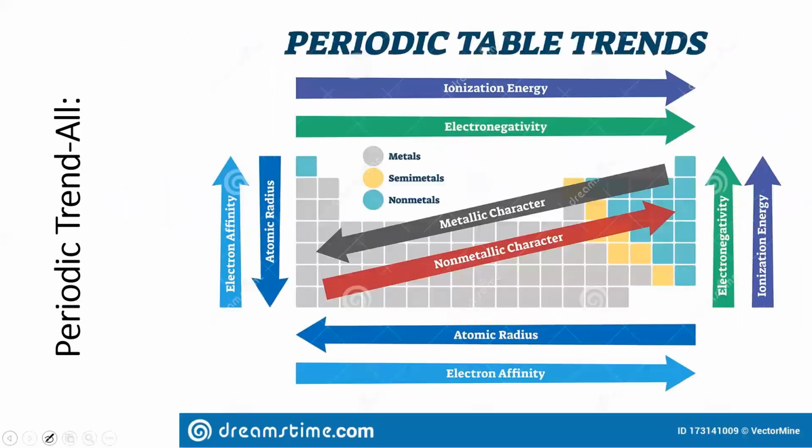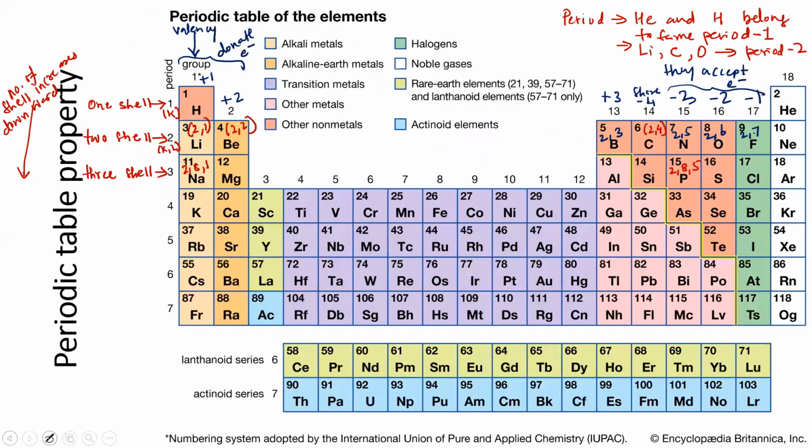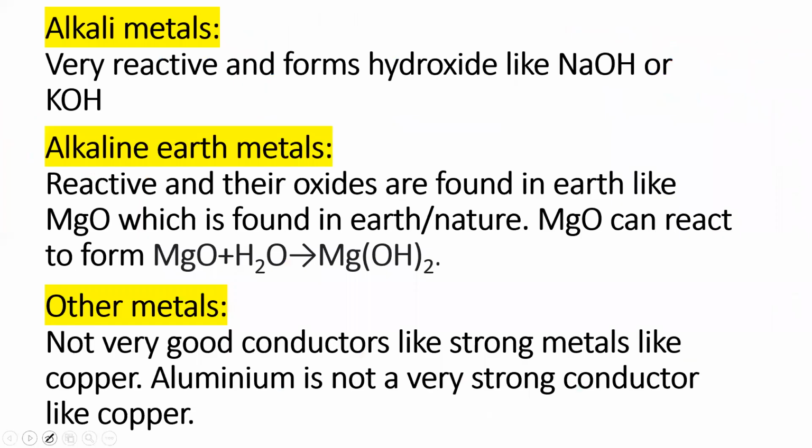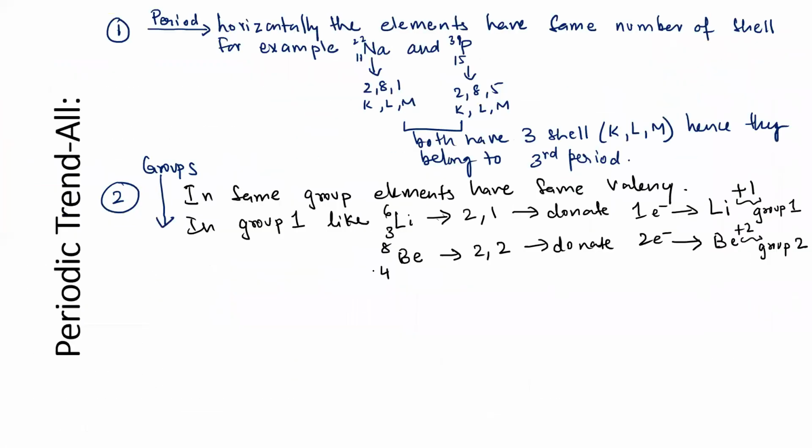Now let us say we take another example here, something at the end. So let's say we take neon, which has 10. So in neon, we write it as 2, 8.